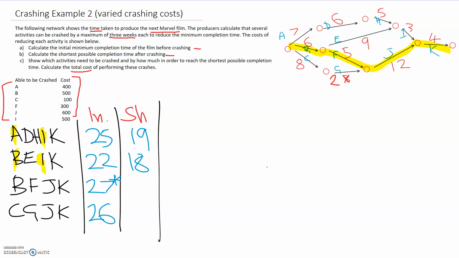The next one, we can crash B and F and J. So that reduces our possible completion time by 9, which puts us down to 18 as well. And the last one, C can be crashed, and J, but that's all. So that can be reduced by 6.